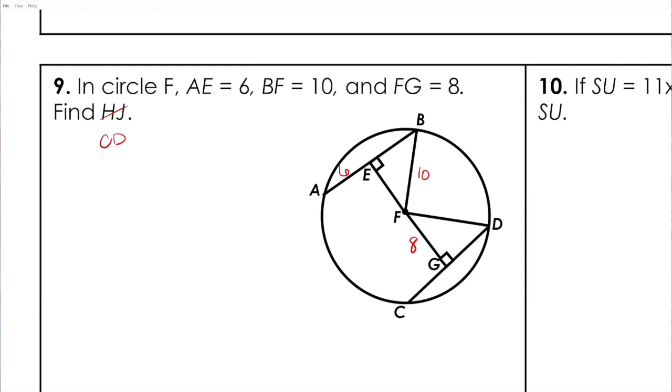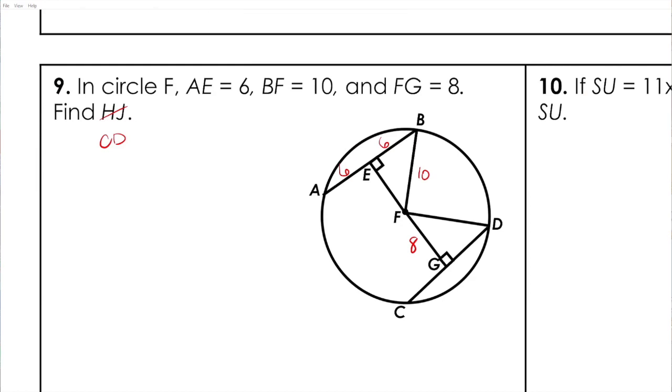Well, let's just write out what we know. We know FG is 8. I don't know what they actually want us to find. So we're perpendicular. But there's not even a J. Who knows?